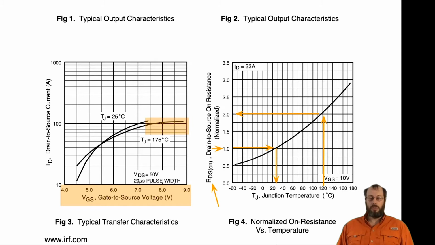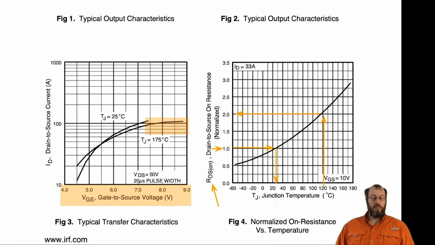Now, even though the electrical characteristics table said that it is a maximum of 44 milliohm, we also need to take into account under which conditions this maximum was specified, and look into the graphs of the datasheet to read out the operation point where we are actually using the device in our specific converter.